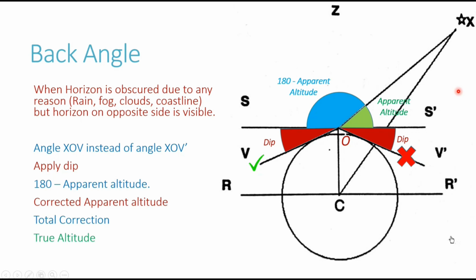Now 150 degrees is something which we cannot measure, which is beyond the capacity of our sextant. So to observe a body using the back angle technique, its altitude should be greater than 60 degrees. So again, this could be asked to you during oral exams related to the back angle observation. So with this, we complete this topic of back angle observations.